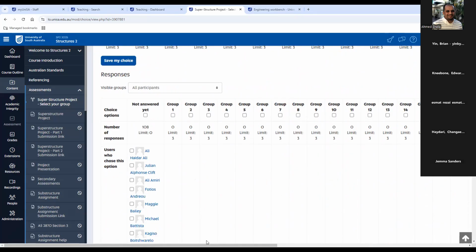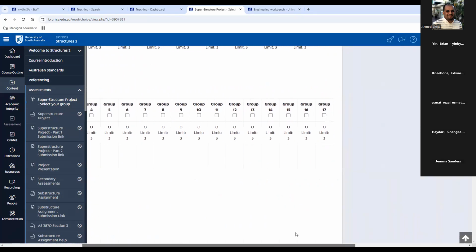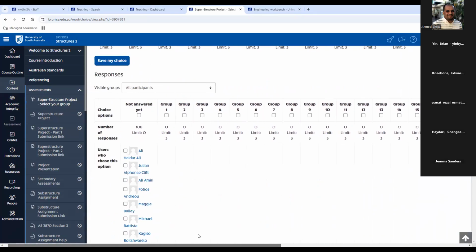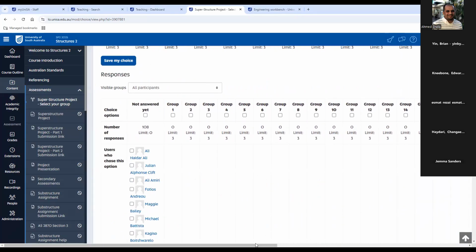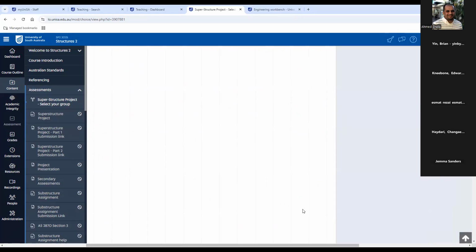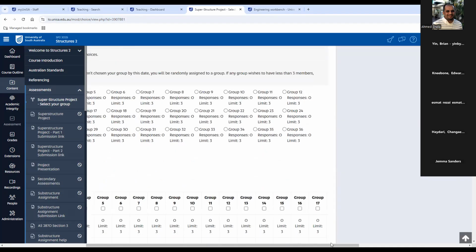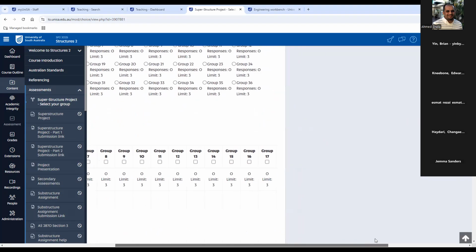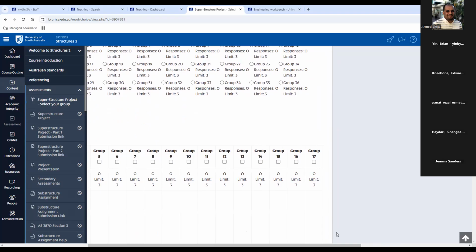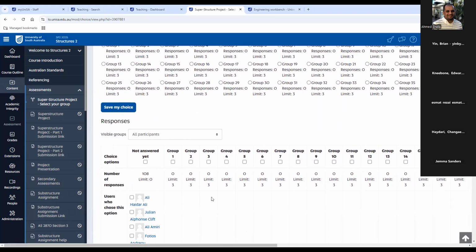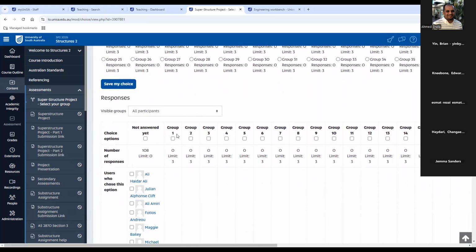Here you have some 17 groups you can join, but I think we need more than 17, since we need 3 per group, so I think 36 groups. Please add your name to a group. Each group should be a maximum of 3.